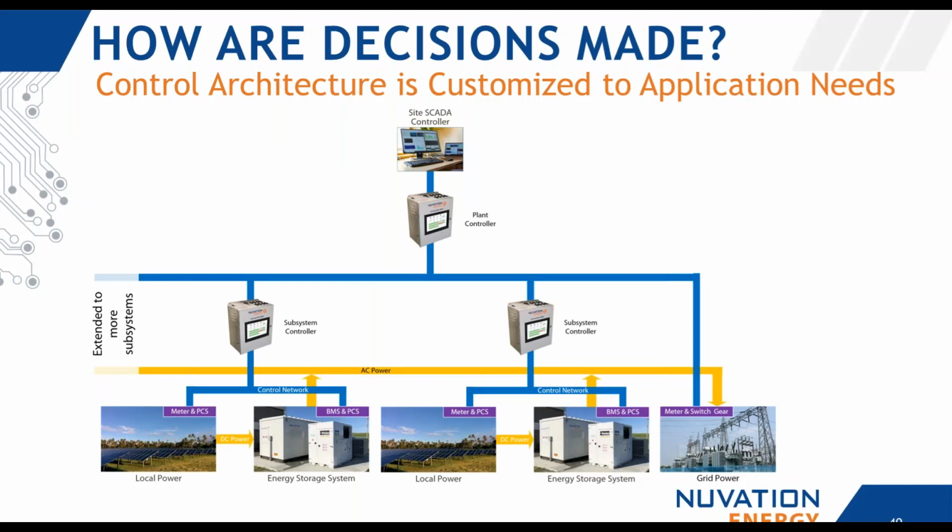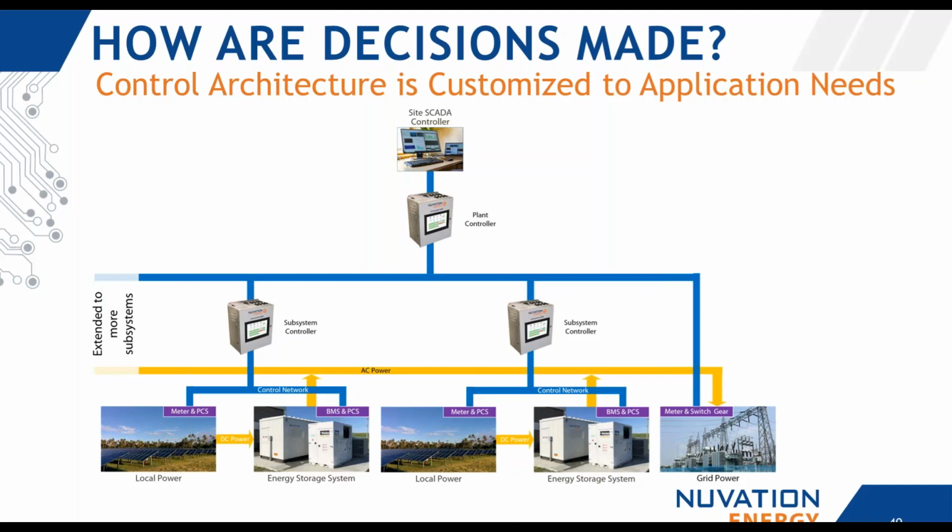We can allow multiple layers of architecture if required for very large sites. This is a potential architecture to support thousands of stacks or many megawatts of power if needed for an application. So a controller may have a specific set of assets that it's managing and can feed the information up the chain to where the decisions need to be made.